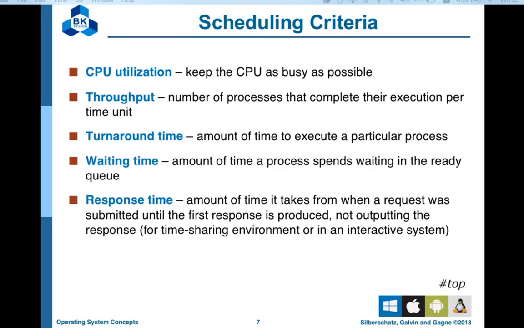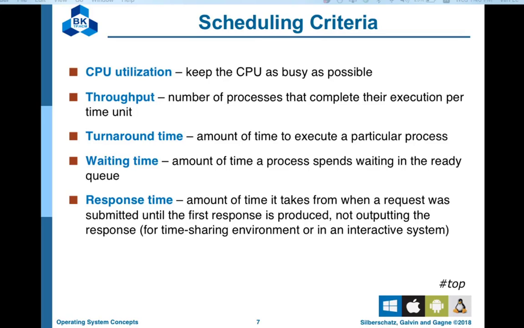Okay, you must pay attention here. The waiting time is the time that a process is in the ready queue waiting for the CPU. The response time is different. The response time is the amount of time it takes from when a request was submitted until the first response is produced.